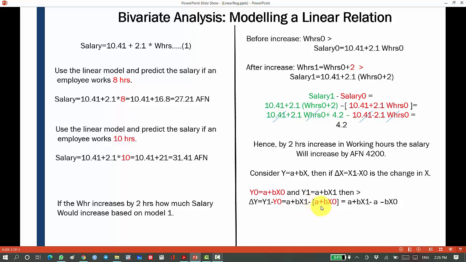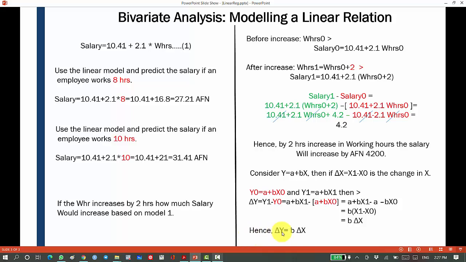Multiplying this minus inside, we get a plus bx1 minus a minus bx0. Now, this a and this minus a cancel out one another. What we get is bx1 minus bx0. Taking b as a common factor, we get b times x1 minus x0. We know that x1 minus x0 is the amount of change we have applied on the x variable, which is delta x.